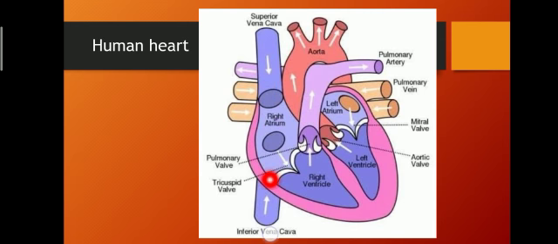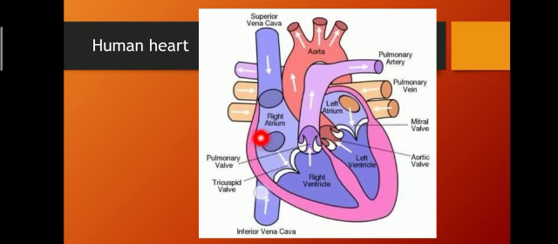Inferior vena cava brings deoxygenated blood from the lower parts of our body. And both of them pour the blood in right atrium.